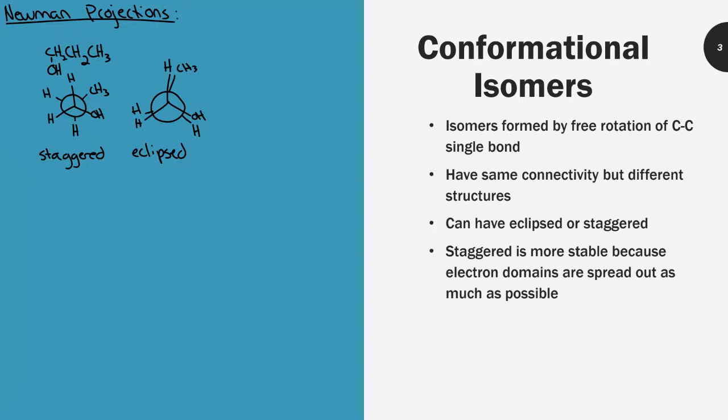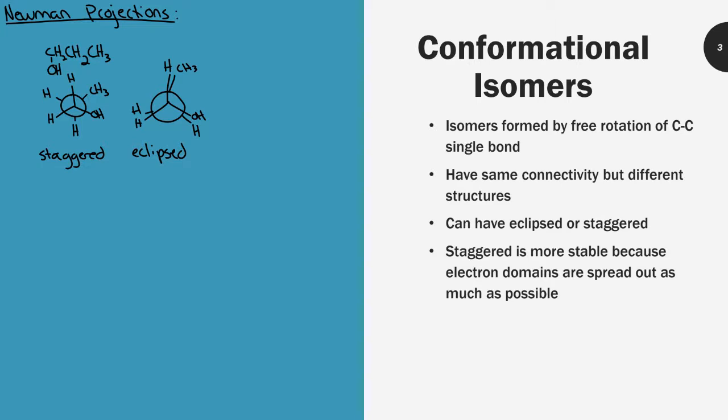And then the other side, why can't I remember what that's called? But that's cis-trans isomers with double bonds, or enantiomers, so optical isomers. So conformational isomers have the same connectivity but different structures. That's also the definition of a stereoisomer.